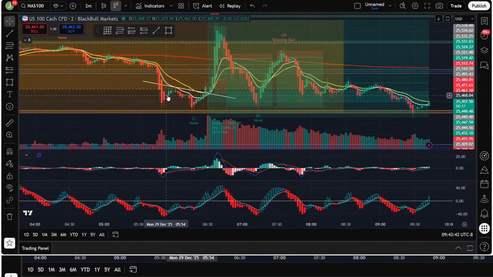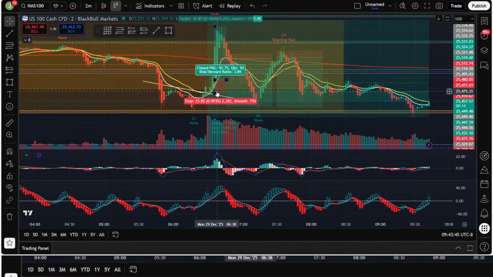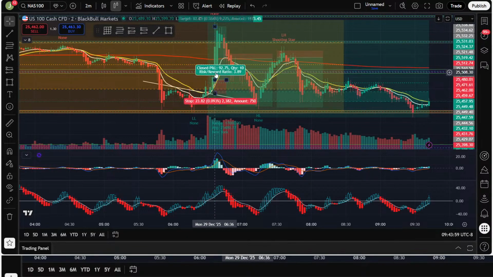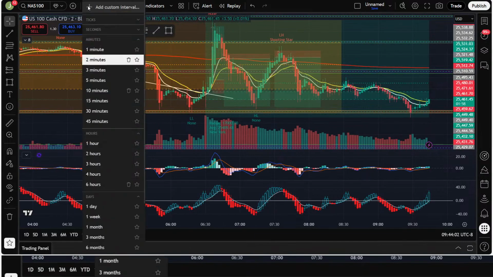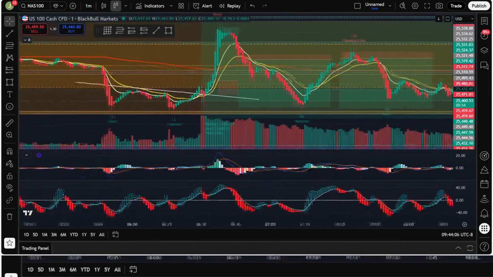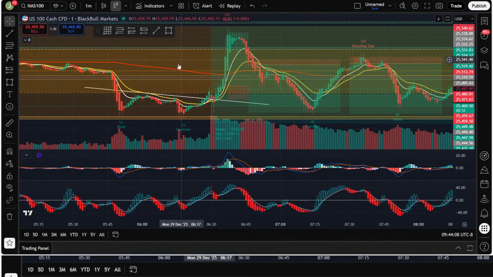With HA candles, they're going to show continuation. A lot of people, when they start trading, struggle to stay in trades and hold trades longer, and this shows significant continuation. We can clearly see that these candles are climbing. Even if we go down to a 1 minute chart, we can still see that same thing. There's no color change in these.